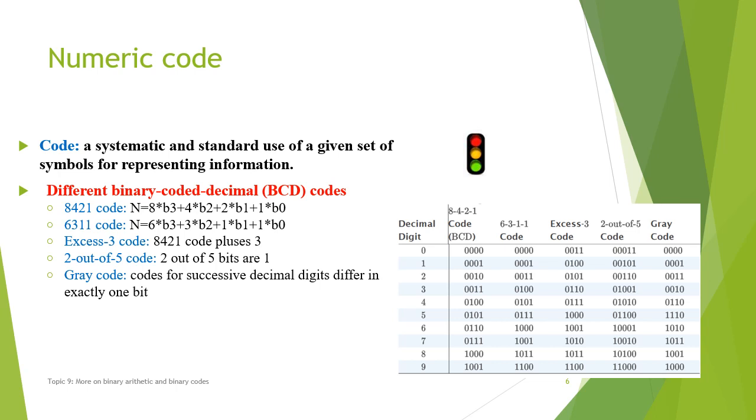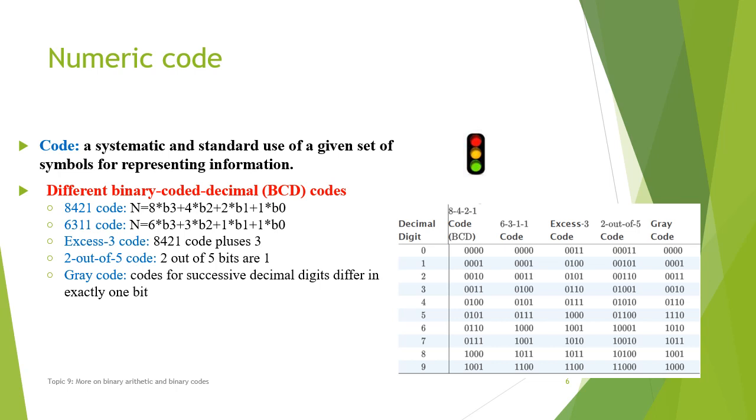If we use binary numbers as symbols, we get binary code. Code doesn't have magnitude. You cannot compare two codes. But the code contains information. One good example is the traffic light. To some level, the traffic light is one type of code because the different colors tell us different information.